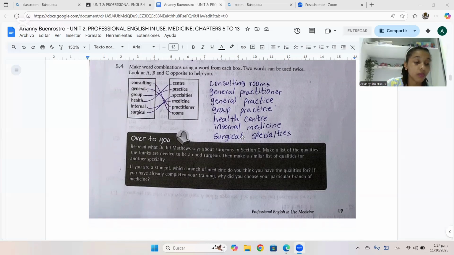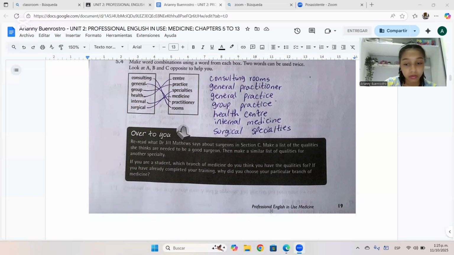Over to you. Reread what Dr. Jill Matthew said about surgery in section C. Make a list of the qualities she thinks are needed to be a good surgeon.